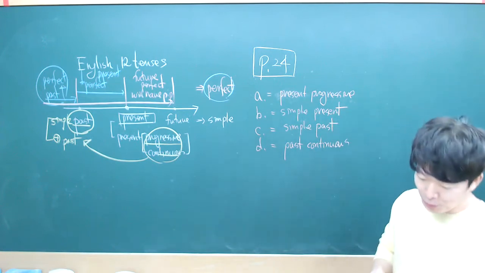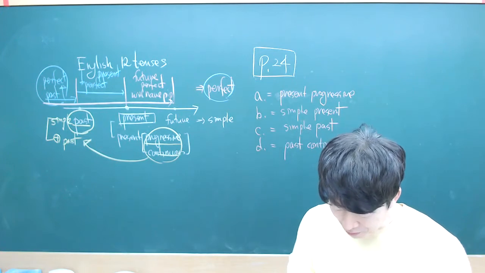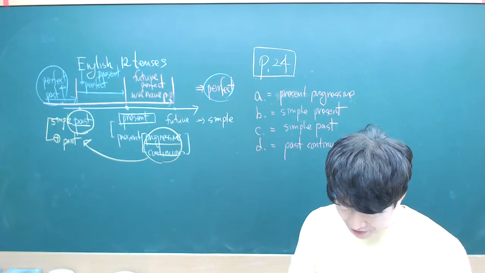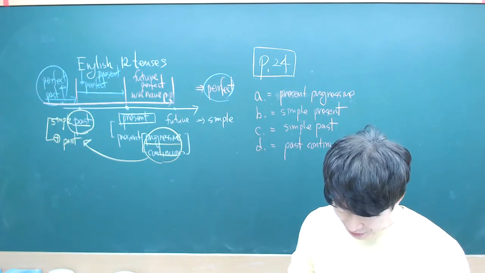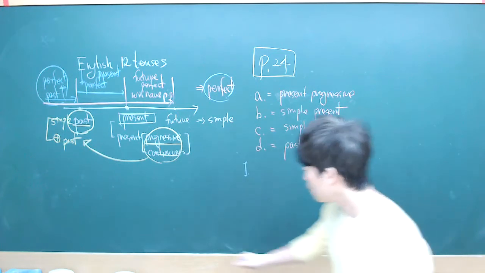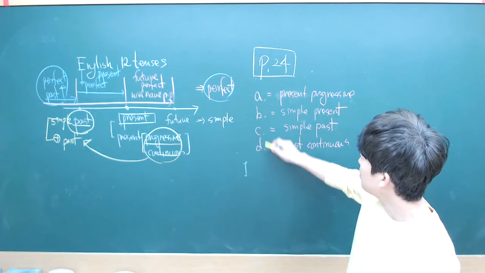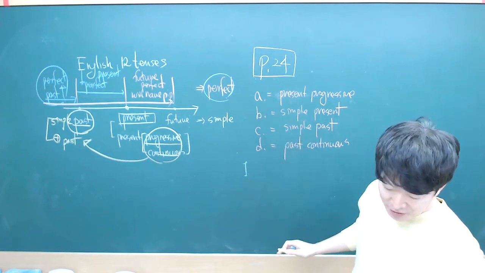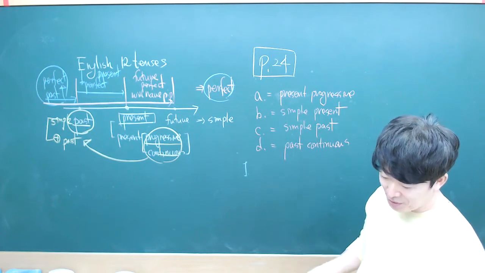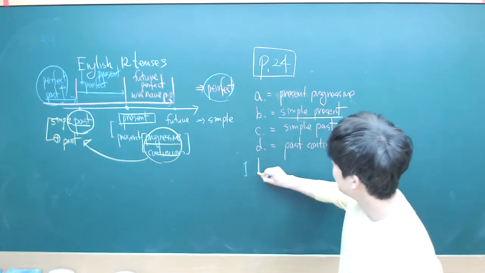Okay, so exercise 1. Question number 1, Jennifer works for an insurance company. Works is italicized. So works falls into the category of A, B, C, or D. What category? It is a general statement of fact. So simple present.